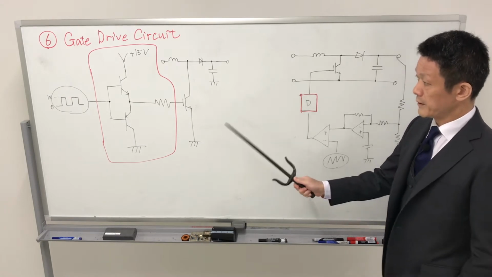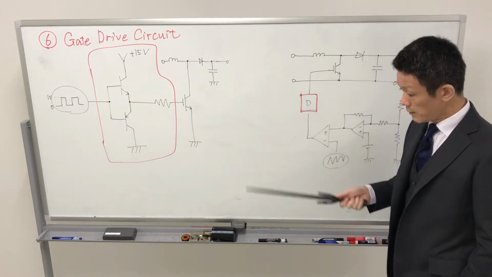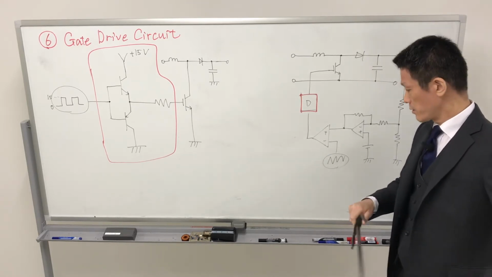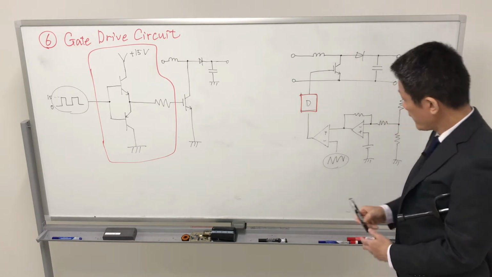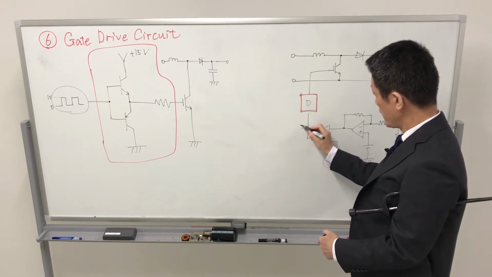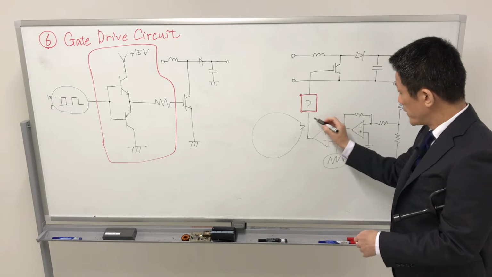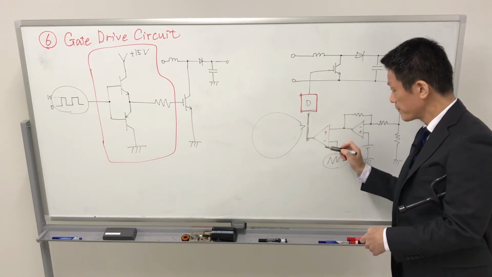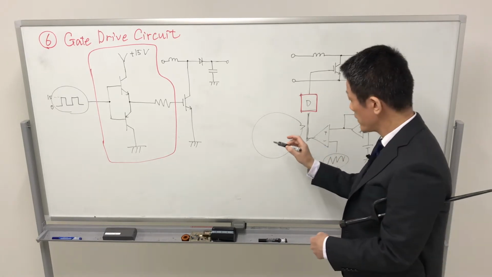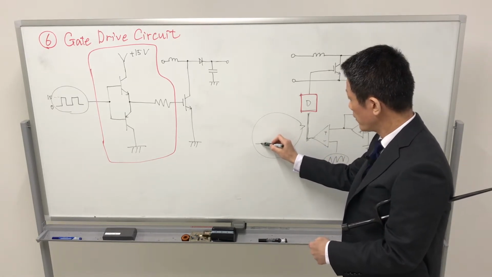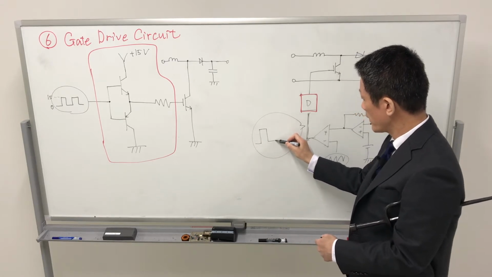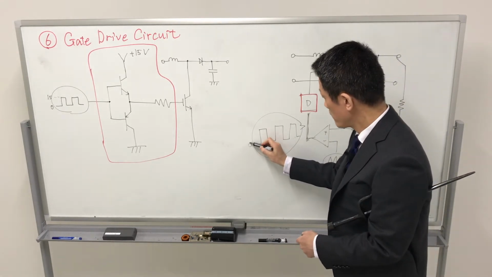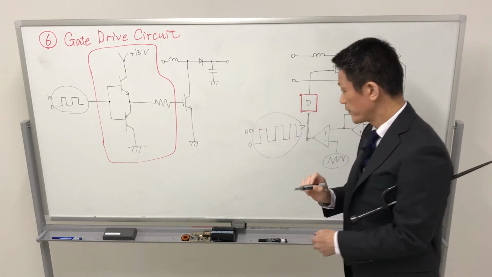Why is this gate drive circuit required? Because, as I mentioned in the last lecture, the signal is a 0 and 15 volt pulse voltage.